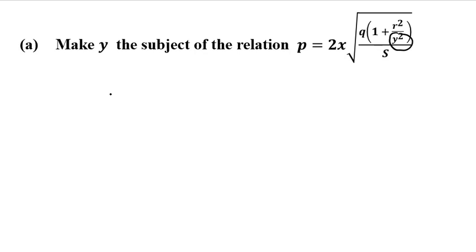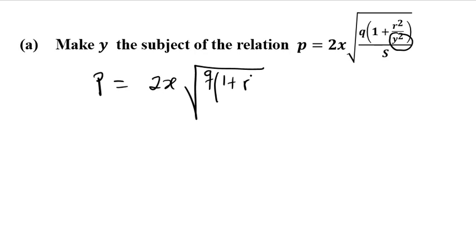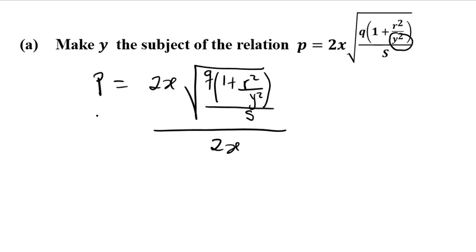So I have p equal to 2x square root of q multiplying 1 plus r squared over y squared, all over s. I'm going to divide the whole of this side by 2x, and this side too by 2x. In that case, this 2x is going to cancel this 2x.